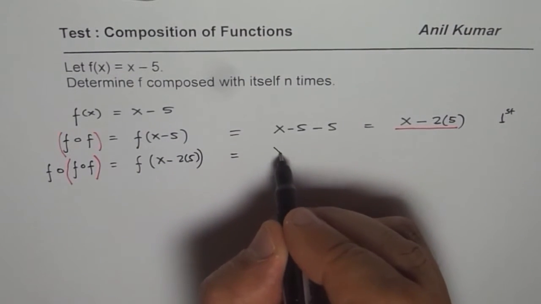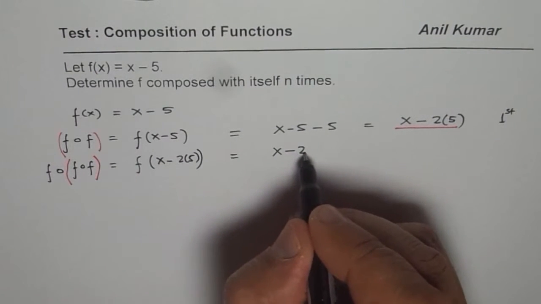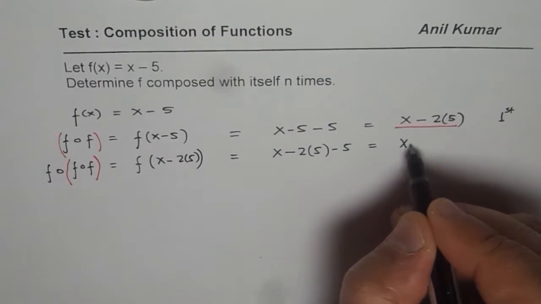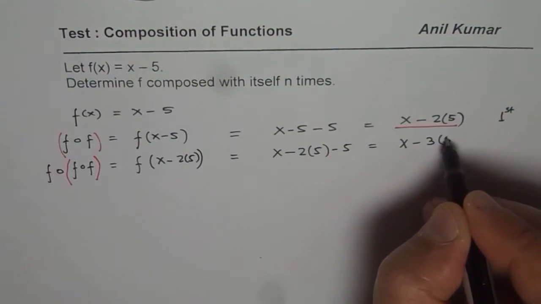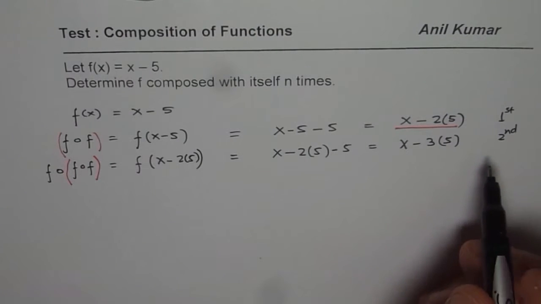That will give me x. So we'll replace this x with x minus 2 times 5, minus 5. That will give me x minus 3 times 5. Is that okay? So this is after the second time, when the function is composed with itself, right?